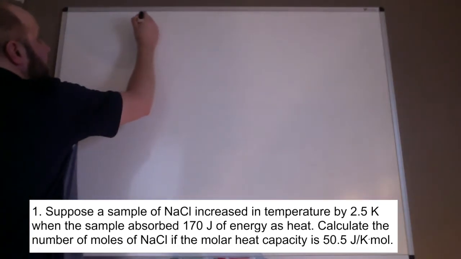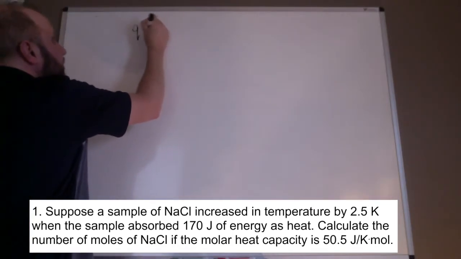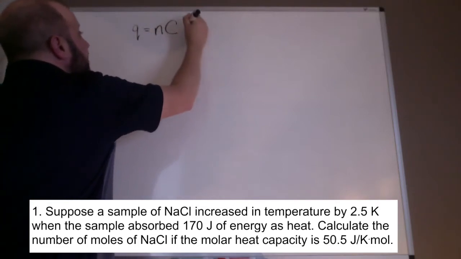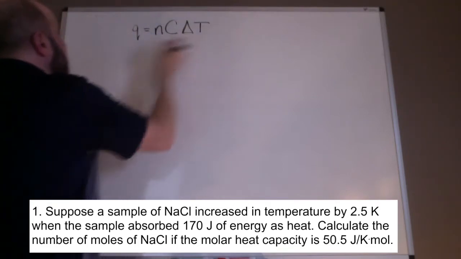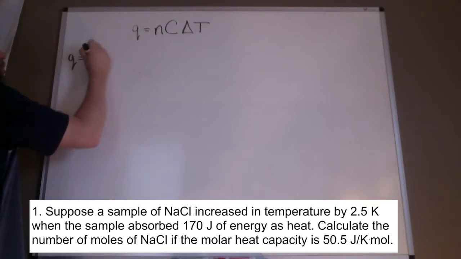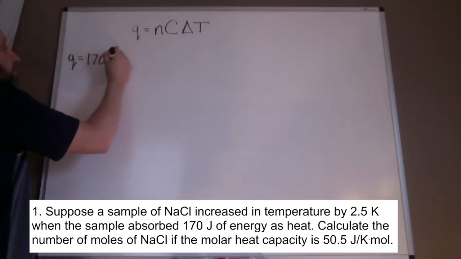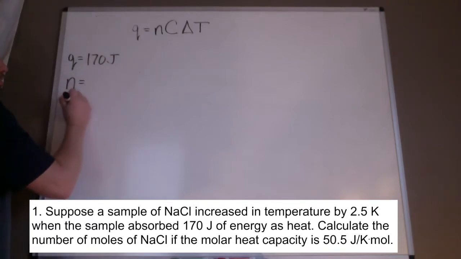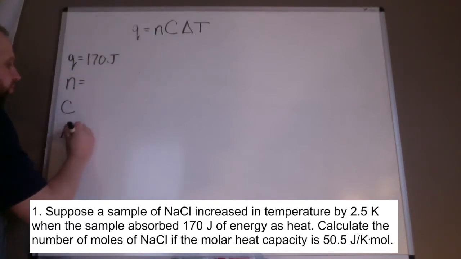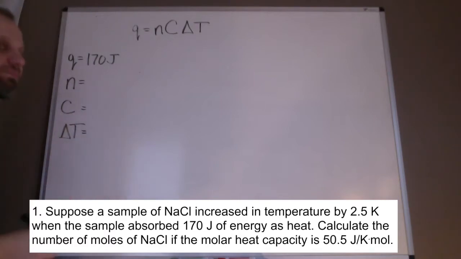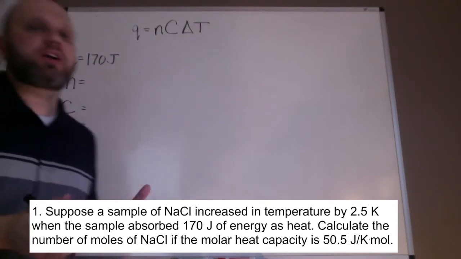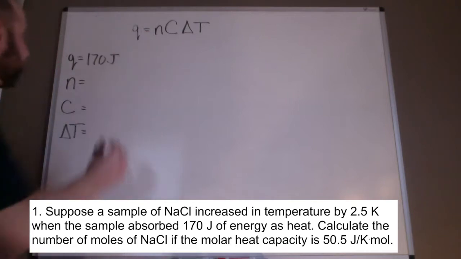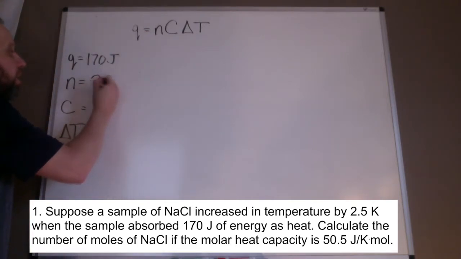So I'm going to start off by writing our equation, Q equals n C delta T. So in this case, our value for Q is 170 joules, and we have n, we have C, and we have delta T. So in our case, we are actually looking for the number of moles, n, so this is our unknown.